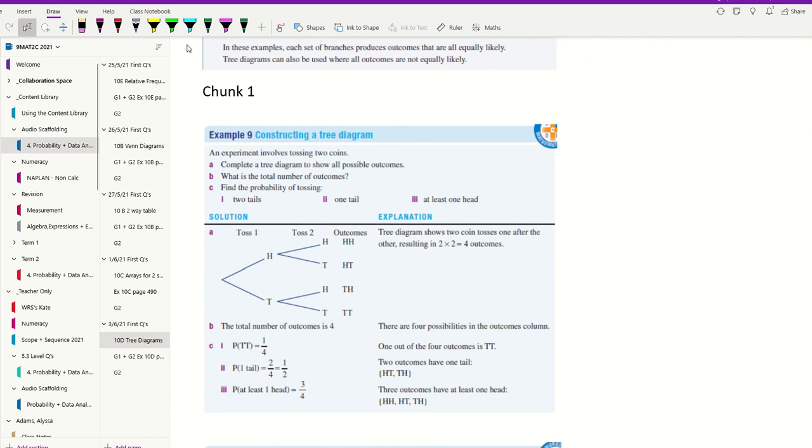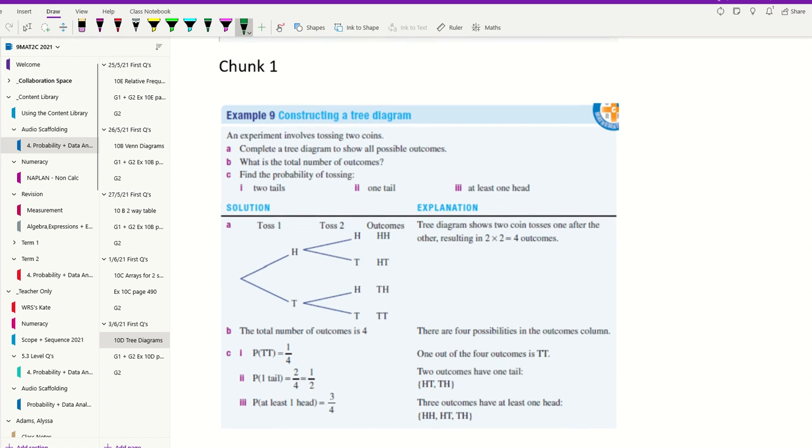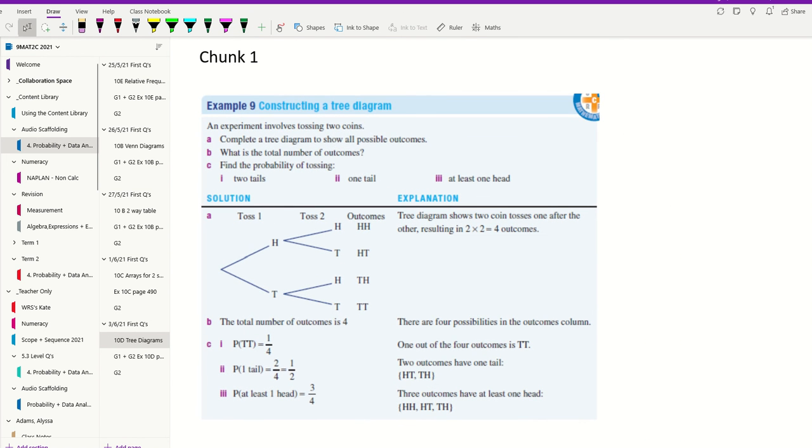So let's have a look at our chunk 1 example. Go back to a skinnier pen. It says the experiment involves tossing 2 coins, complete the tree diagram. That's just what we've just done. We've got a first choice, so we're able to throw either a head or a tail.